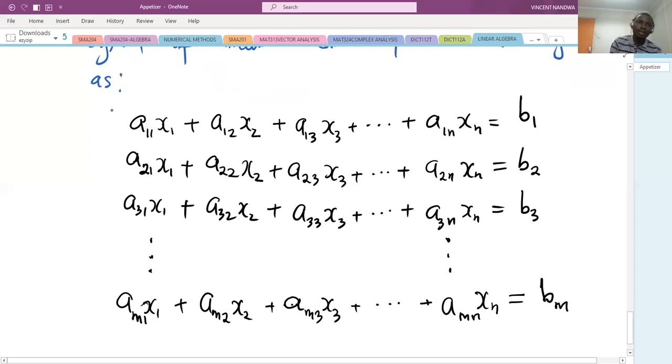So this, let's call it 1, is what we call a system of m linear equations in n unknowns or n variables. So x1, x2 up to xn. And then we have m linear equations.